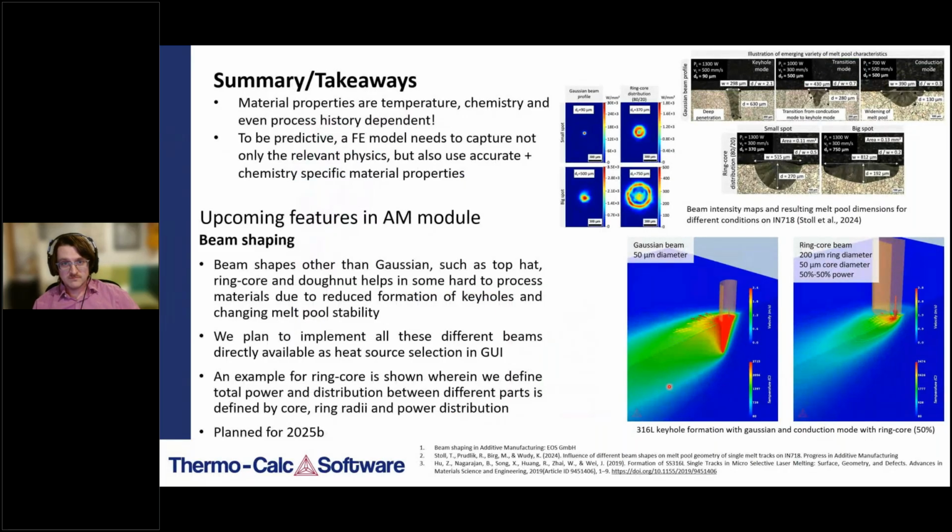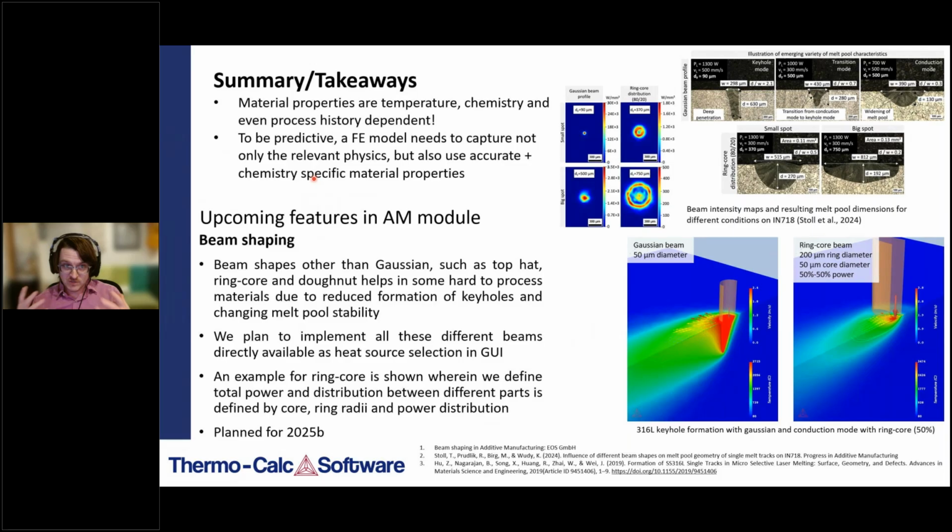So to summarize, if you take anything away from this presentation, please remember that material properties are chemistry and temperature dependent, and even process history dependent, right? There can be some microstructure effects that I didn't really talk about, but the process history can also play a role.